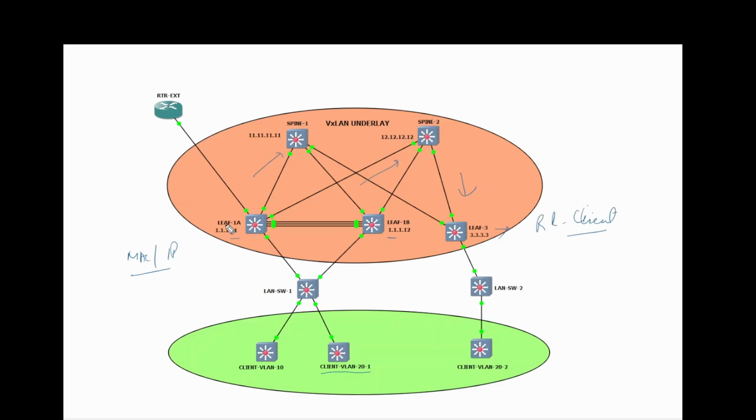And when these leaf switches advertise this route type 2 towards the spine, the next hop address they will use is their loopback 0 interface, which is 1.1.1.11 and 1.1.1.12 for leaf 1A and leaf 1B respectively.